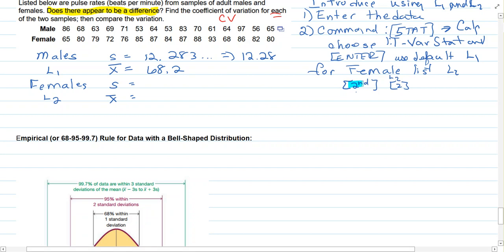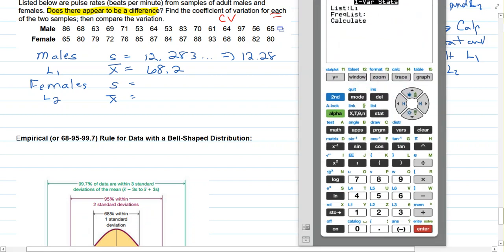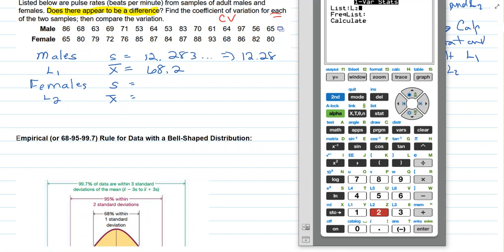So that's what we're going to do to tell the calculator we want the female list. And you can see that it's entered there. Now we're going to enter 3 times and get what we need.